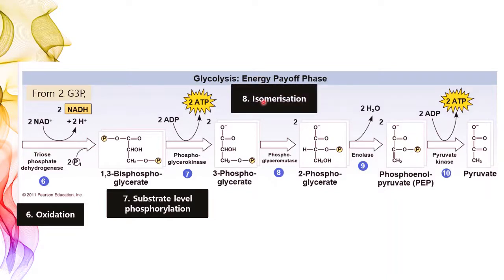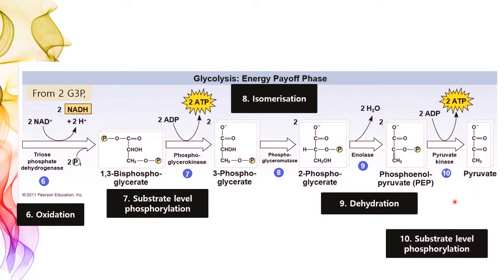3-phosphoglycerate will undergo isomerization, a rearrangement of structure, to form 2-phosphoglycerate. 2-phosphoglycerate then will have a water molecule removed from its structure, and this is called dehydration. This will form PEP or phosphoenolpyruvate. PEP will undergo another substrate level phosphorylation.